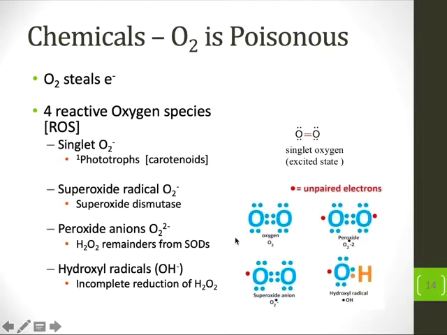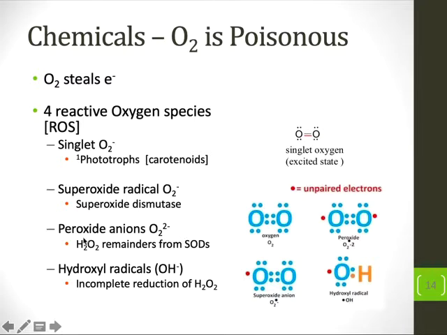Then you have the superoxide radical, O2 minus. This is their configuration. You see the extra electron. Organisms that produce these radical species would have to have an enzyme, superoxide dismutase, in order to deal with them. We then also have peroxide anions, O2 2 minus, and that's the configuration, and they are produced from the products of superoxide dismutase.